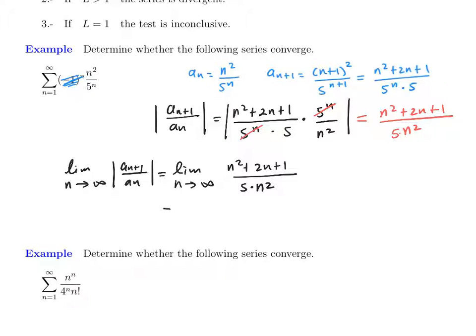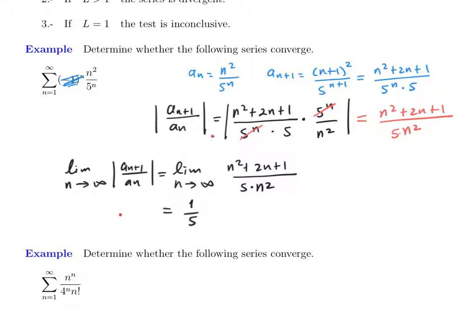The limit is equal to 1 over 5, since in the two expressions the biggest exponent is n squared, you just divide, or you can use L'Hopital's rule and you end up with the exact same answer. So the limit is 1/5.